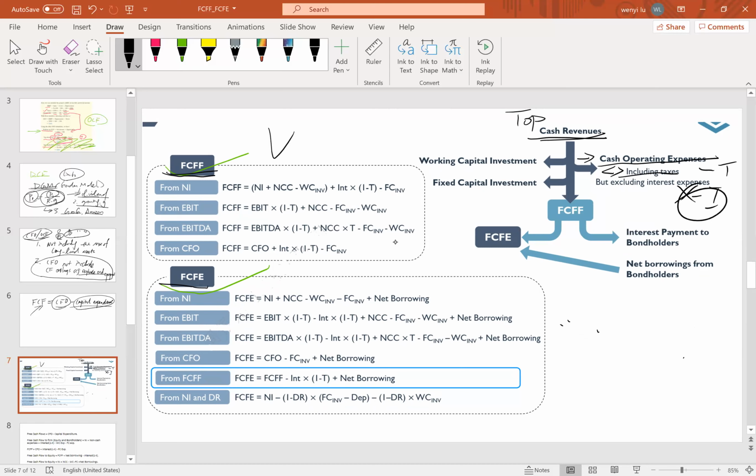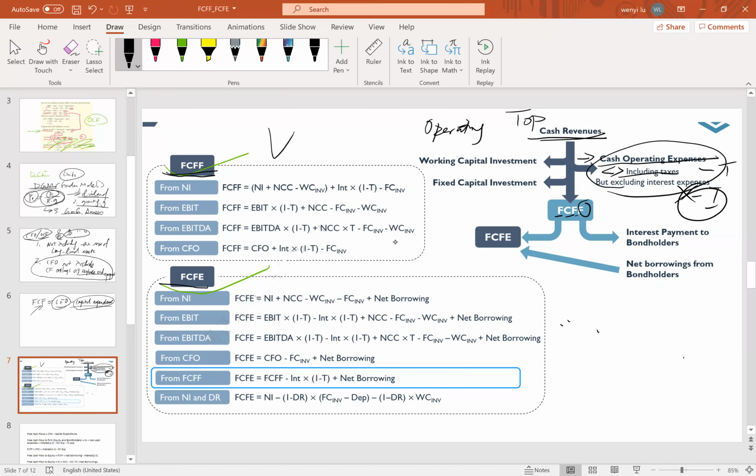Interest. Be careful. After you take the cash expense out, you're not finished yet for the free cash flow to the firm. Because when a company is running its business, it must spend money on operations. So they have operation expense.